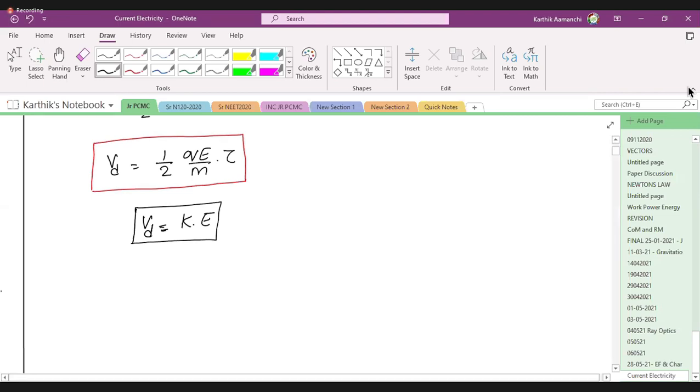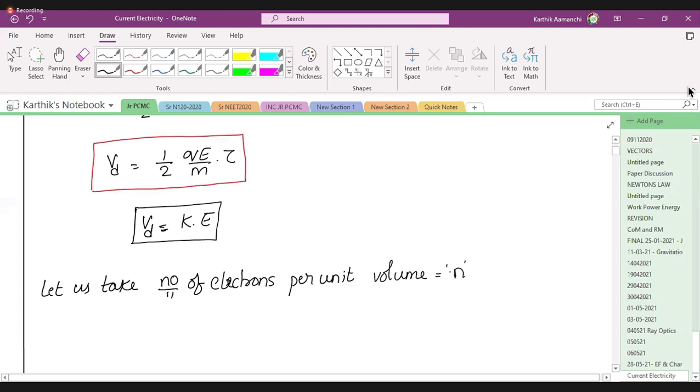So let us take the number of electrons per unit volume as small n. Okay.